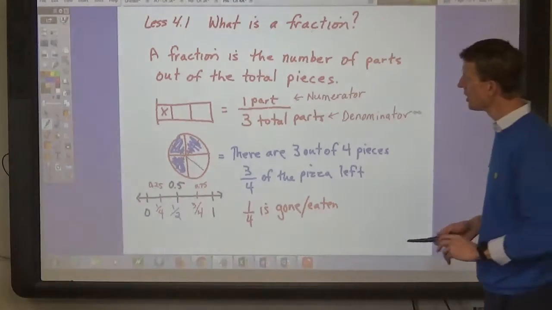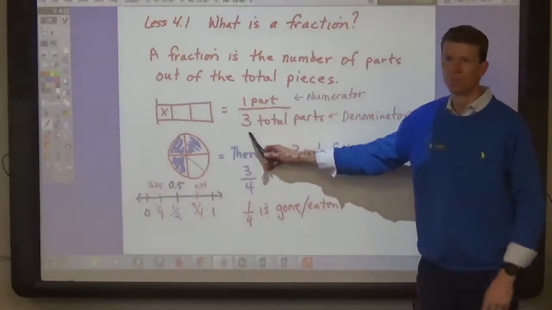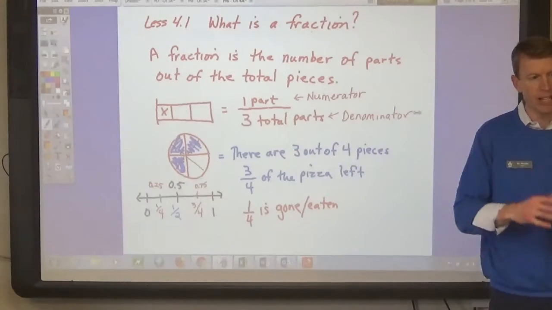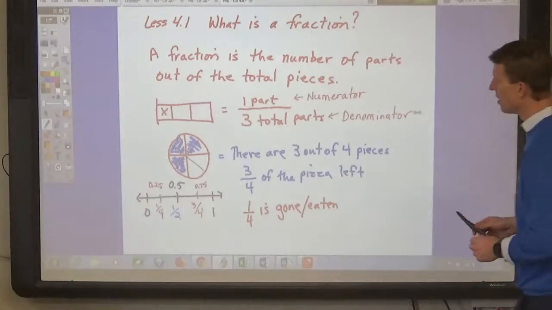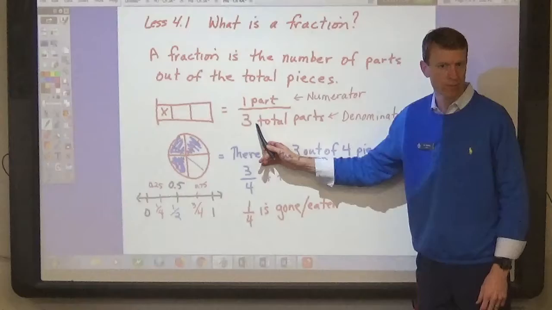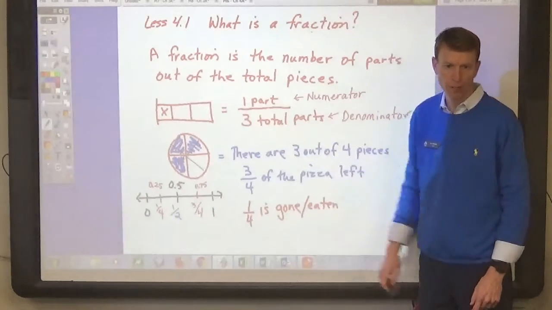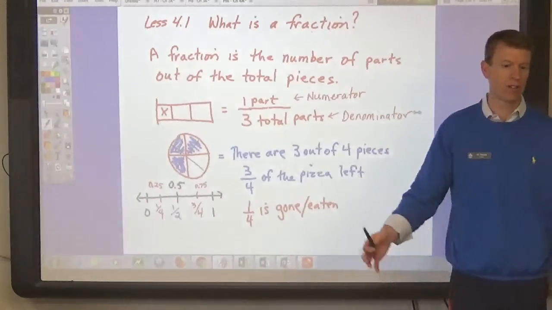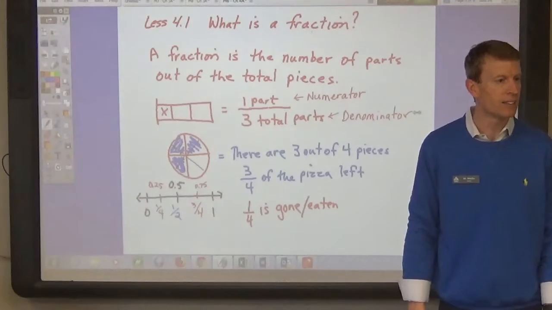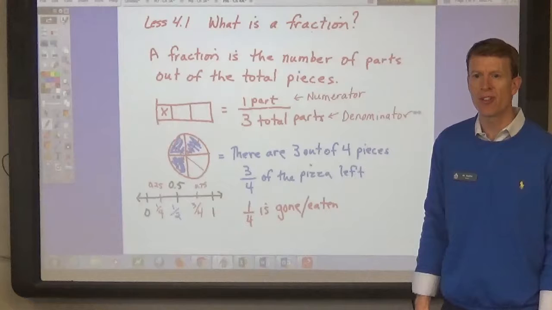But you can also tell something by the denominator. If we're talking about a pizza, for example, the denominator can tell you how big the pieces are. So for example, if you ordered a large pizza from Domino's, and they forgot to cut it up, so you decide to cut it into thirds.